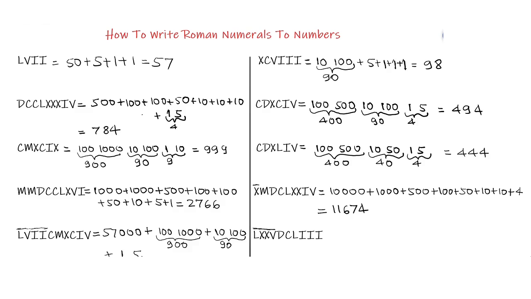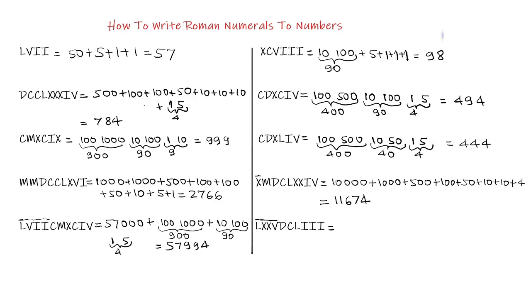And IV is 4. So the sum of all these numbers is 57,000 plus 900 is 57,900. Then this is 90, that is 57,990, and 4 is 57,994.